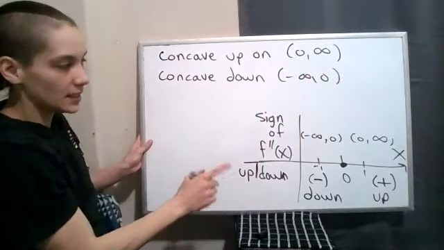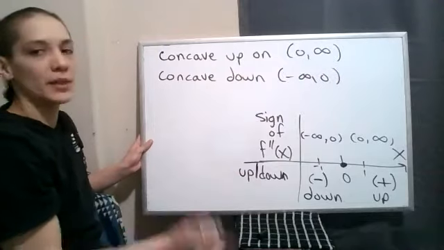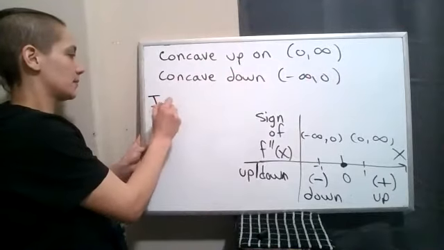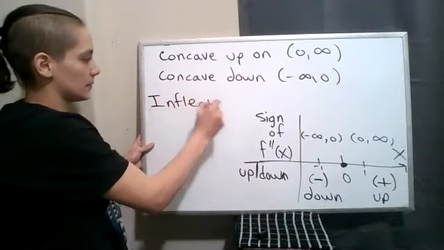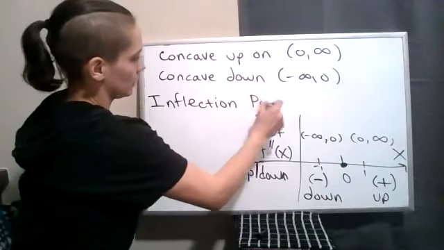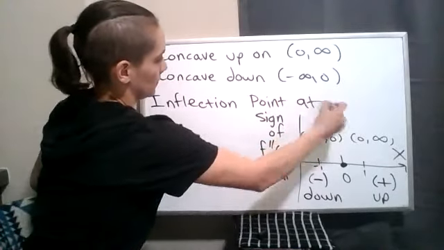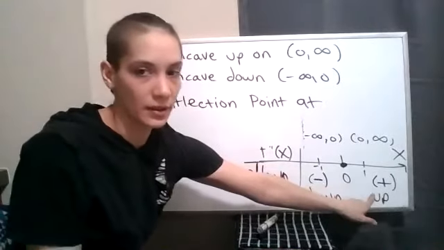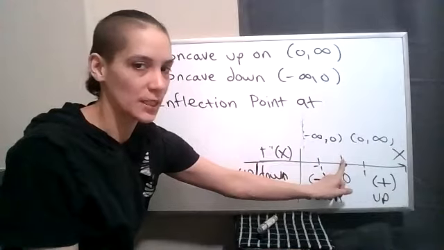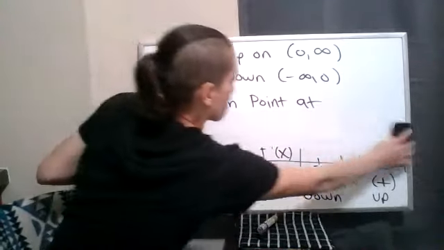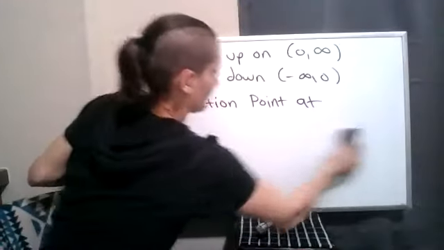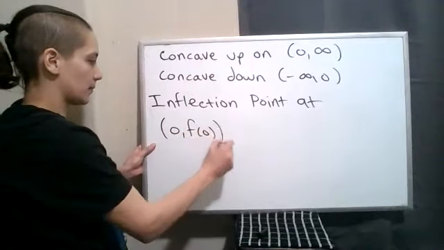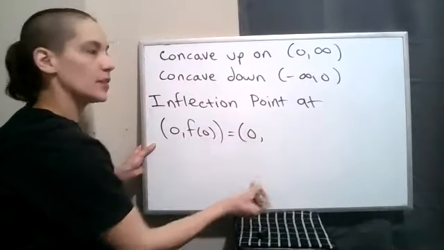Inflection point at 0, f of 0. So put that x value back into your function. So when you switch from concave down to concave up, you have an inflection point at that spot. 0, 1.